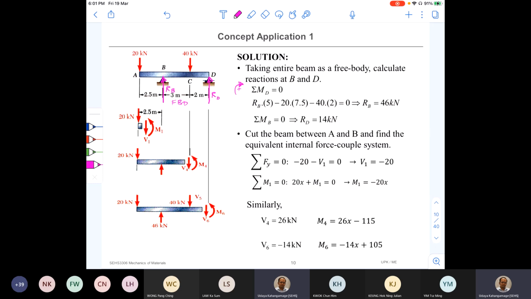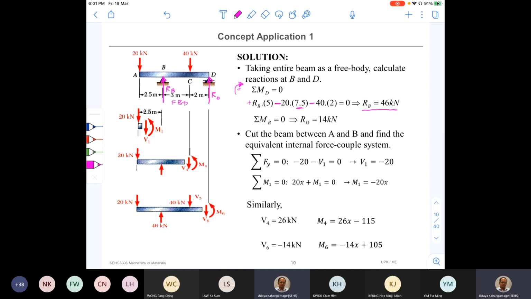RB creates a positive direction moment, therefore positive RB, and the distance to RB is 5 from D. Next I take 20 kilonewton. 20 kilonewton creates an anti-clockwise moment, which according to my definition is negative, so negative 20 into the distance to that point, 5 plus 2.5, 7.5. And 40 again creates an anti-clockwise moment, negative, 40 into distance 2. That completes the equation, equal to 0. And then I can find RB.